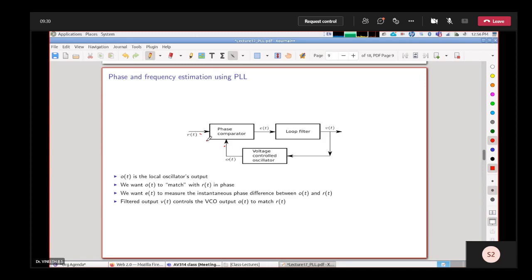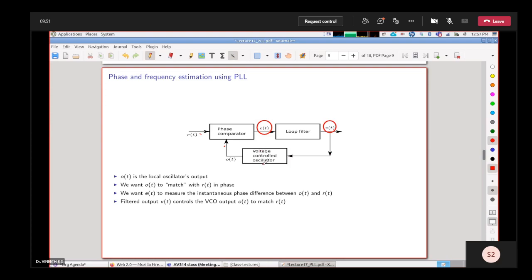From the phase comparator, there will be an error signal which is generated, which we will call e(t). This e(t) goes into a filter, and because this is in the loop, we call it the loop filter. The output from the loop filter, which we are calling v(t), is used to control a voltage controlled oscillator.